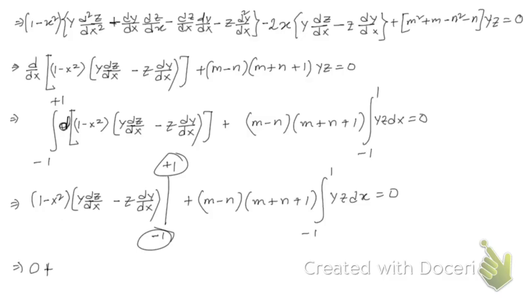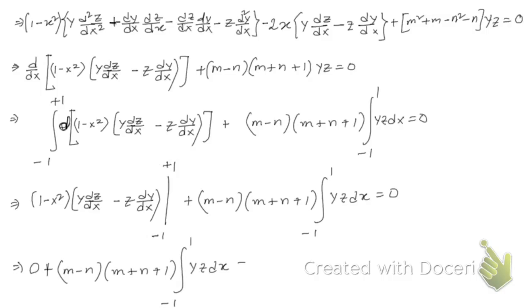Then plus we have got this part. Let me write this. Okay, so this is what we have got. Now you see, on the right hand side we have 0. Let me put here 0. So from here you see, this part is constant, so we can write this way.